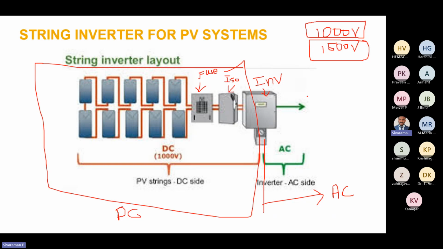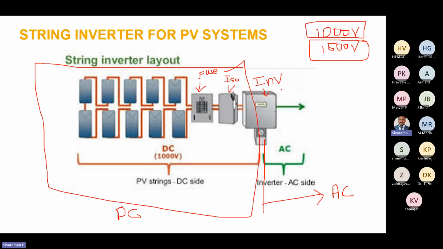So in most of the applications, fuse and isolator as well as MCB, both are employed. So it is up to you, the designer, whether to go with fuse and isolator or with the MCB.